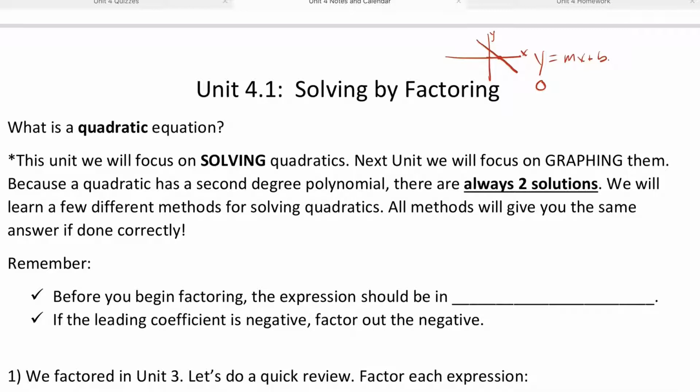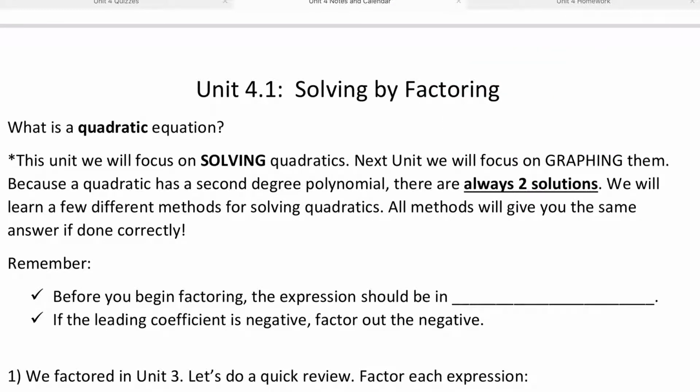So we would substitute 0 in for y, and we would end up getting something very similar to this, where m is the slope and b is the y-intercept. This is intercept form. We'll be doing the exact same thing except using quadratics.